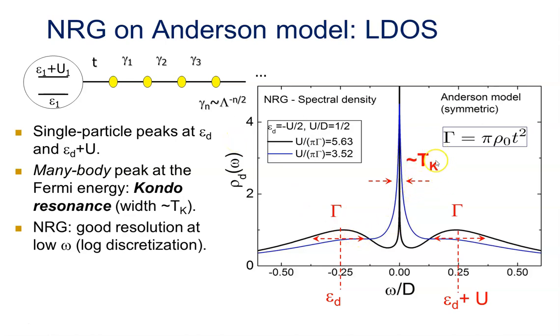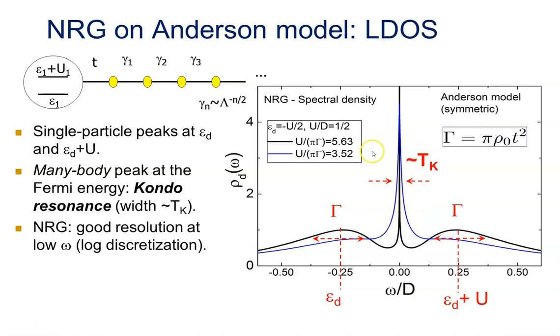And this one has a characteristic scale which has to do with the flow into the strong coupling fixed point. If I do this on a logarithmic scale, this would be like a smooth curve going into this value here, and the point where it goes about halfway to the value here is about the Kondo temperature. So it's much smaller than U, much smaller than gamma, one of the smallest scales in the problem.